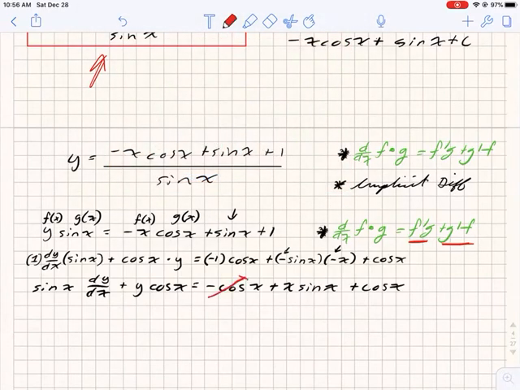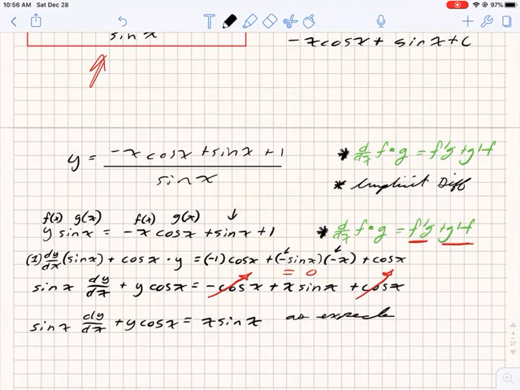You notice this and this become 0. So what we're left with is sine x dy over dx plus y cosine x is equal to x sine x, as expected.